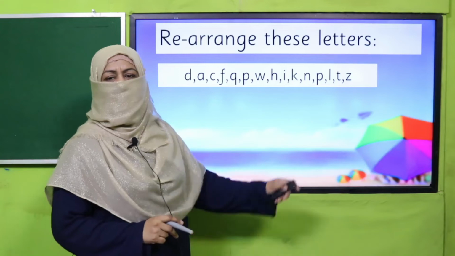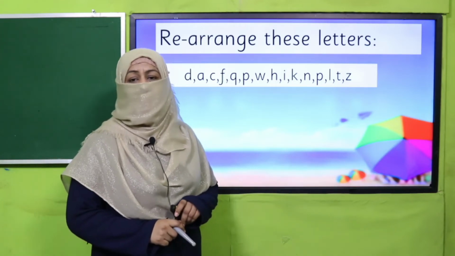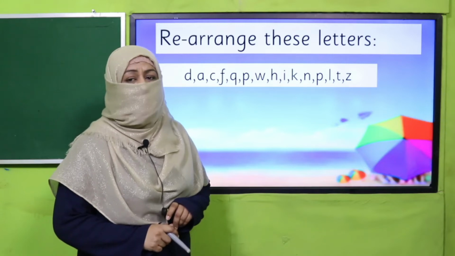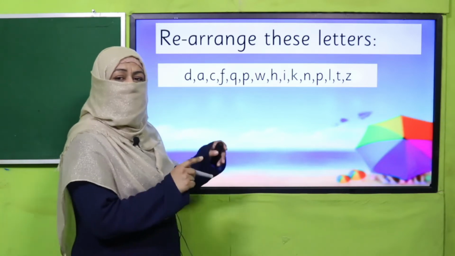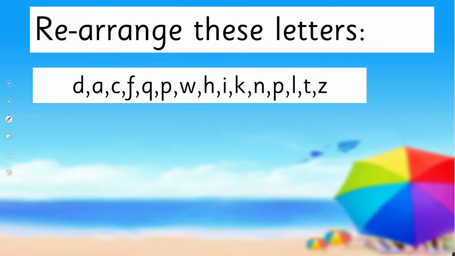For example, I have given you a list of letters and I ask you to arrange them in alphabetical order. So what you are supposed to do is arrange them the way these letters appear in ABC. So here D is written first. Does D come first? No. So what comes first? A. So first of all we have to write A. What is next? B is missing, no problem. What comes after B?